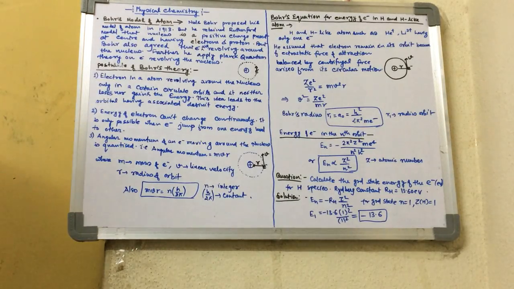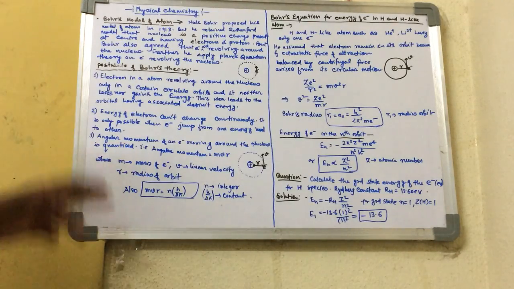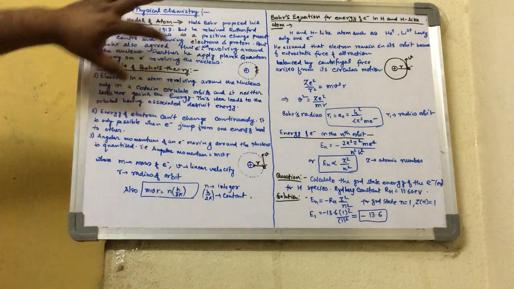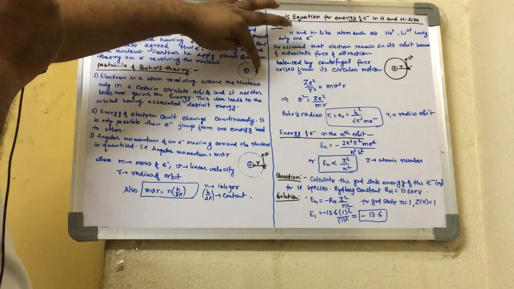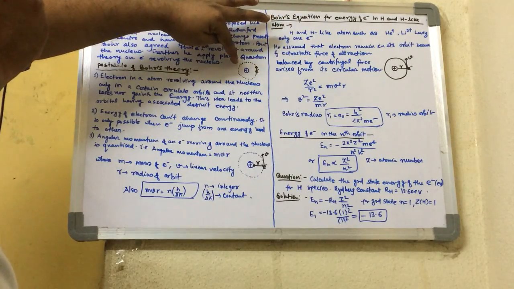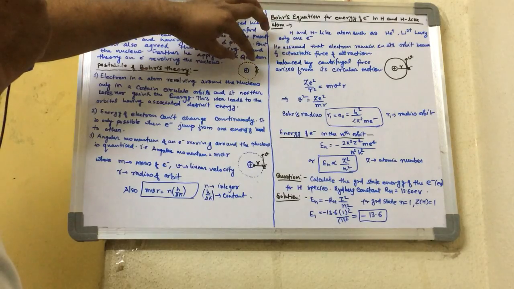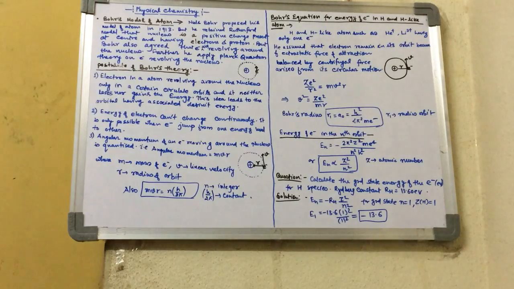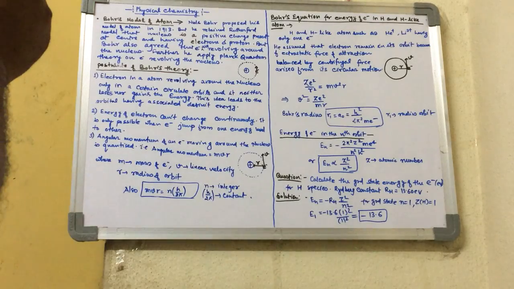Now move to the second postulate. What is the second postulate? The energy of an electron cannot change continuously.